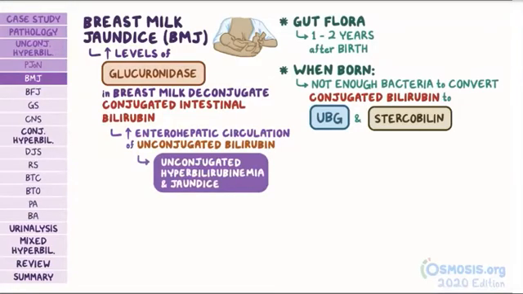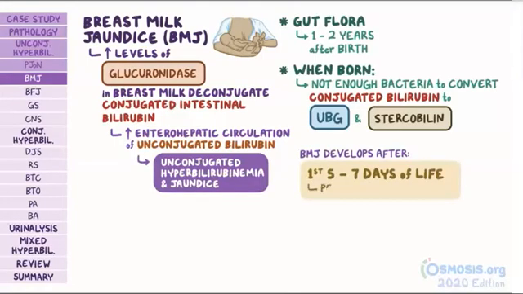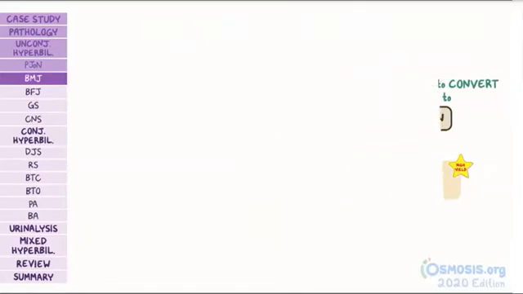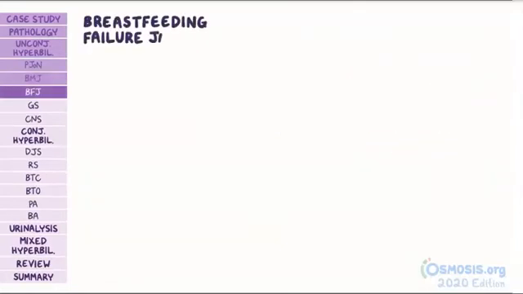For your exam, you should know that breast milk jaundice develops after the first 5 to 7 days of life, and it peaks after 2 weeks. Now, it's important to differentiate breast milk jaundice from breastfeeding failure jaundice, or BFJ, which is also known as starvation jaundice.